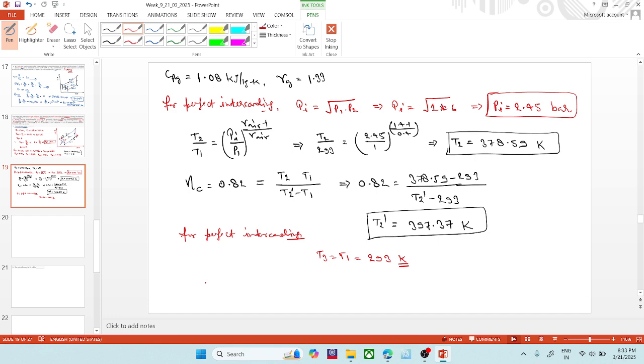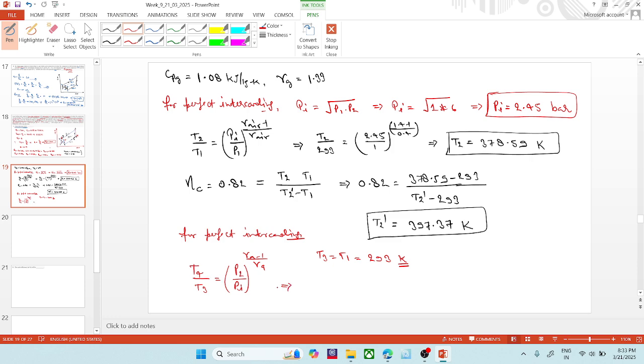Okay, and similarly T4 by T3 will be P2 by Pi to the power (gamma air minus 1) by gamma air.